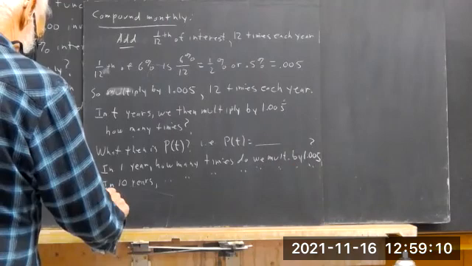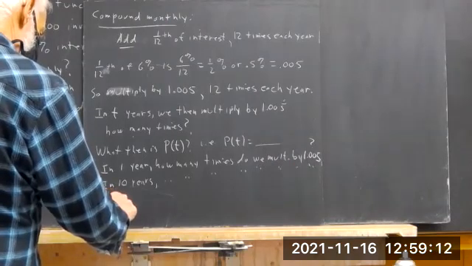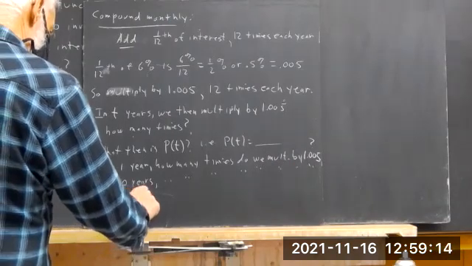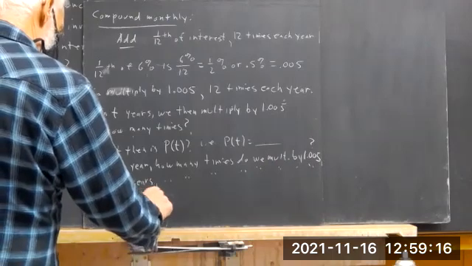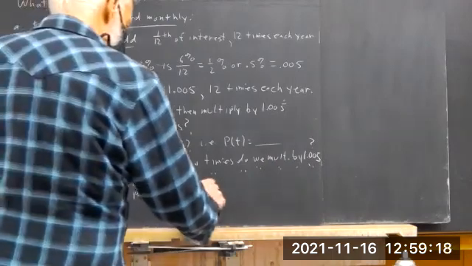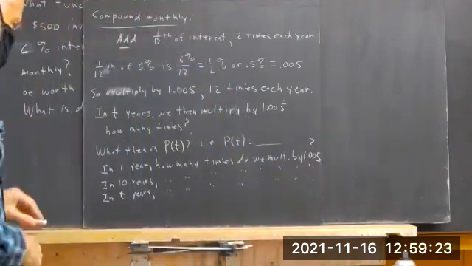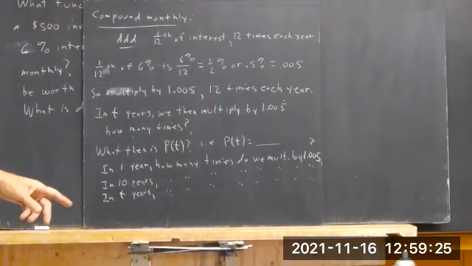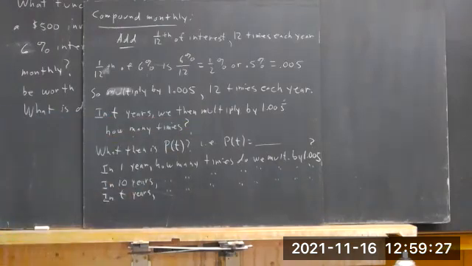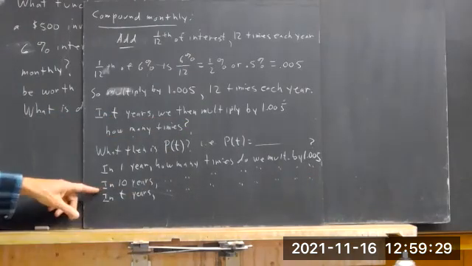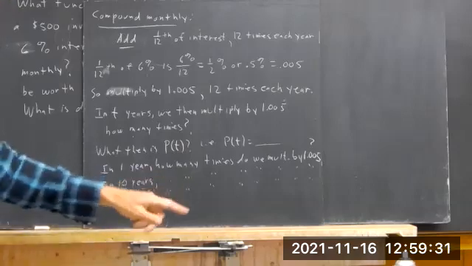And then a sequence of questions. In 1 year, how many times do we multiply by 1.005? In 10 years, how many times? In 2 years, how many times?